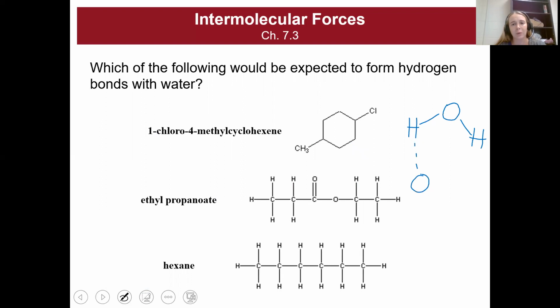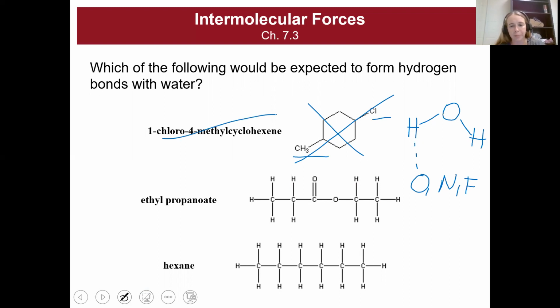So we need something with an oxygen, a nitrogen, or a fluorine for these hydrogens to bond to. This molecule has carbons and a chlorine. No oxygens, no nitrogens, no fluorines. We can't hydrogen bond with water with this molecule.